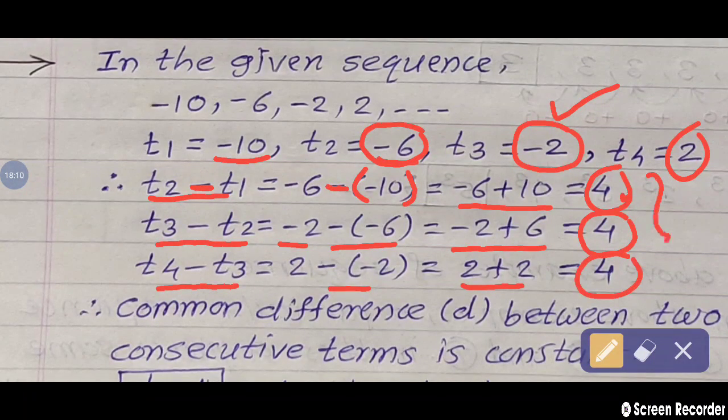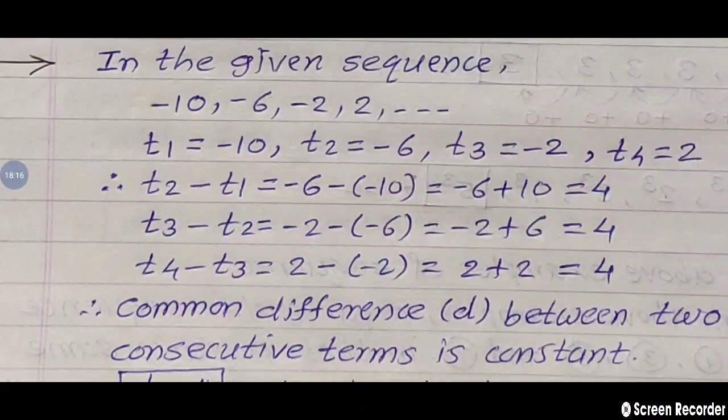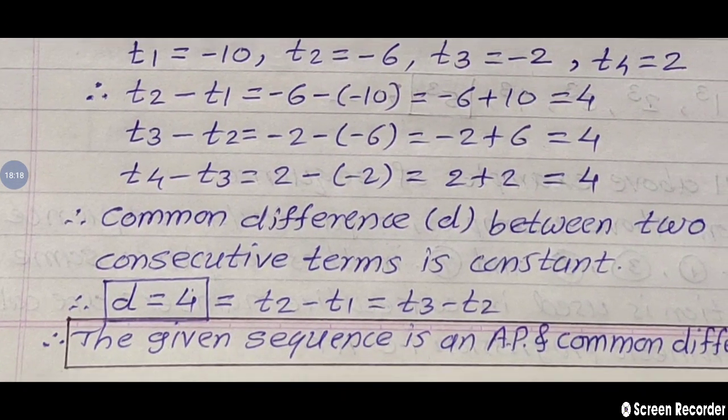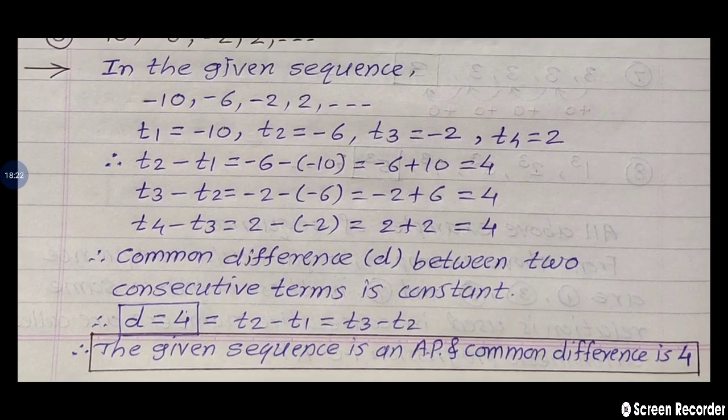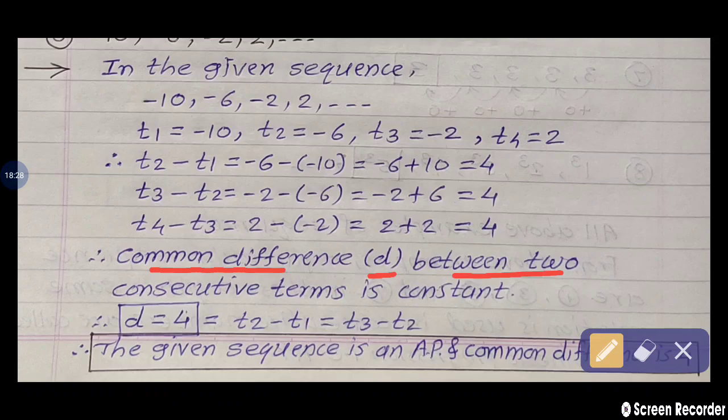So what do we observe here? Common difference between any two consecutive numbers or terms is the same. And that's why the final answer we are writing like this. Therefore, common difference, see the final answer. Common difference D between two consecutive terms is a constant, that is D is equal to what? 4, and this difference we find out with the help of T2 minus T1, that is also equal to T3 minus T2.